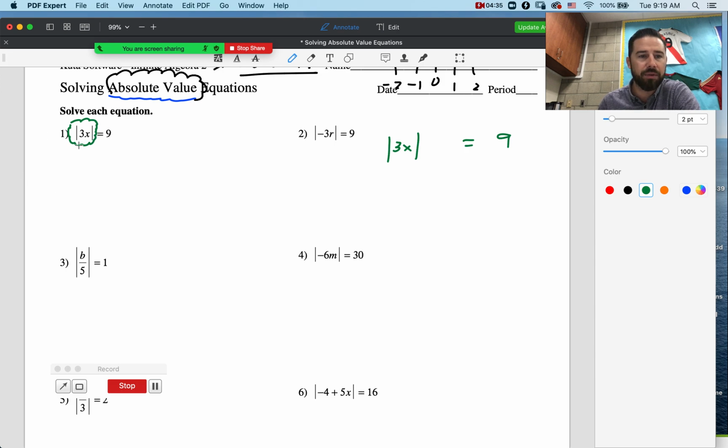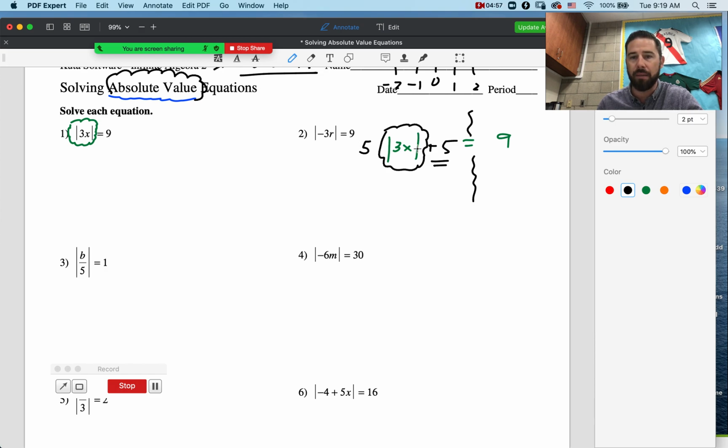Is the absolute value by itself? The answer is yes, because we don't have anything else on the left side of the equal sign. If there was a +5, the absolute value would not be by himself. Or if there was a number out in front, like 5 over here, right?